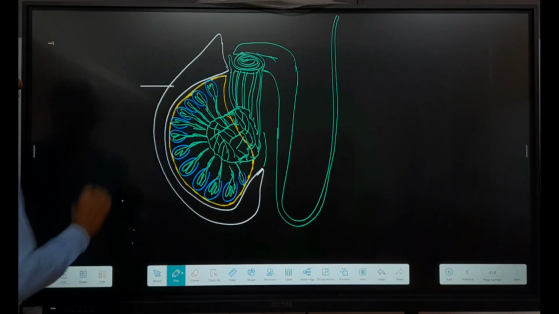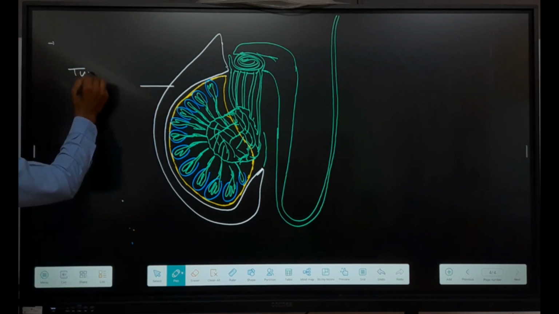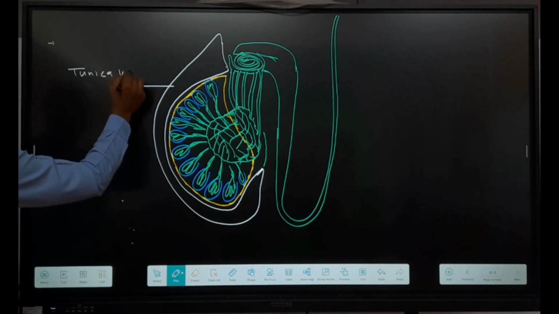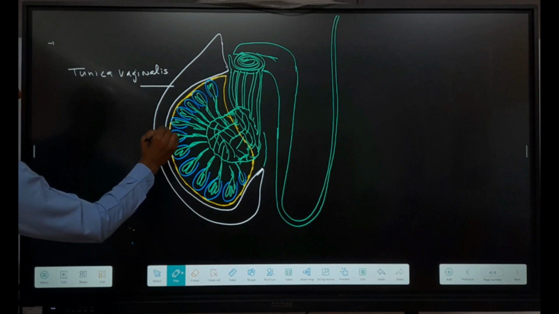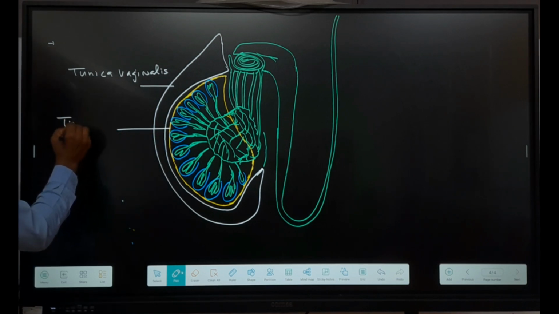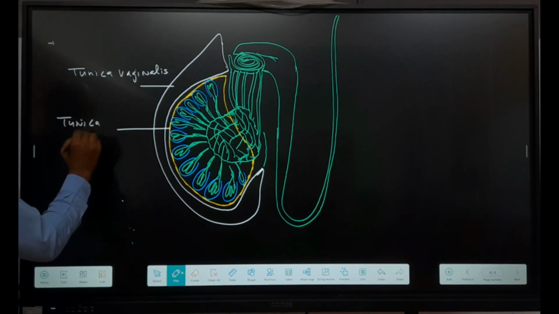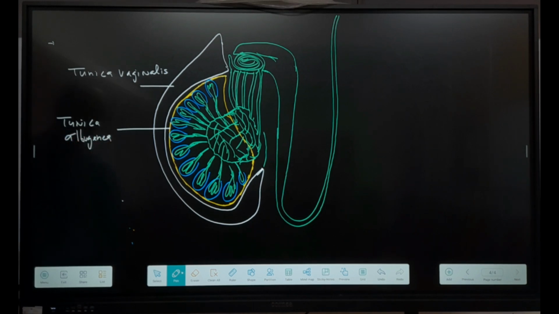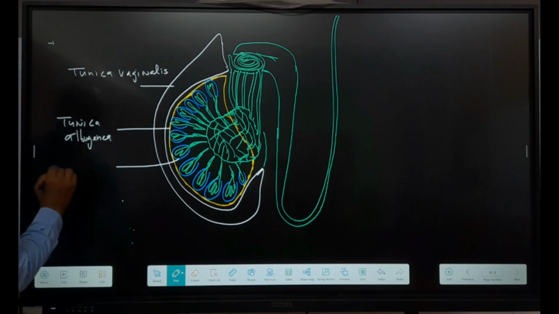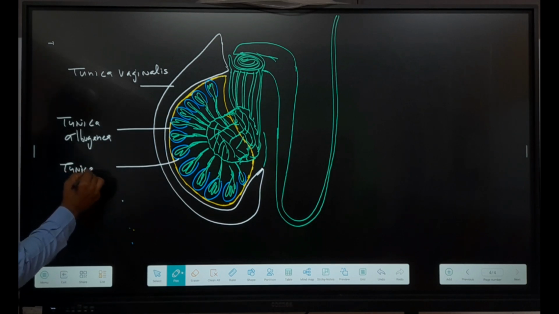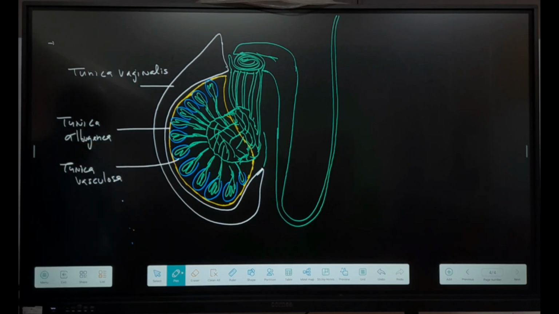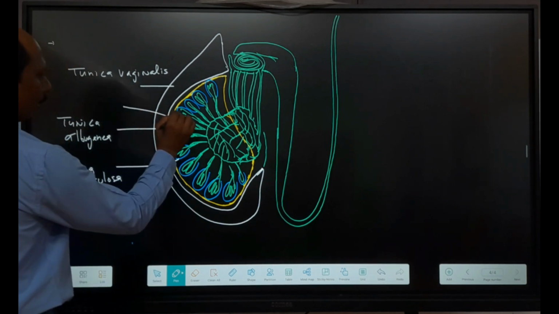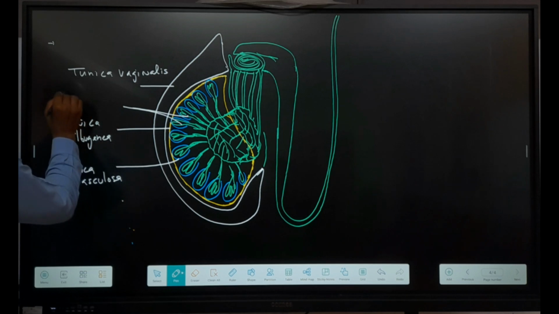This one is our tunica vaginalis. This yellow color, this one is called tunica albuginea, right? This one is our tunica vasculosa, right?